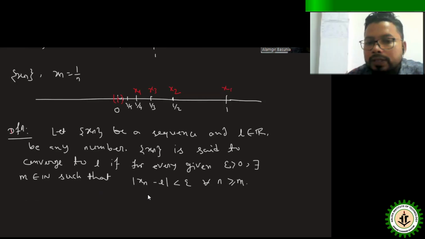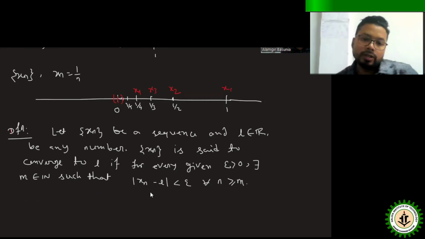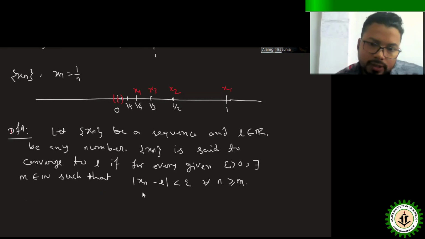The modulus of x_n minus L: x_n is a real number and L is also a real number. Modulus means the distance between those two numbers.